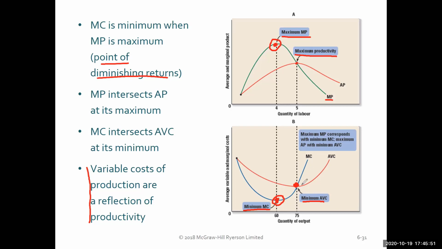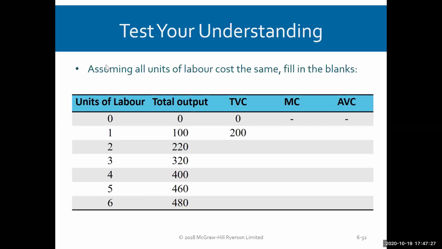But as soon as it cuts through, average starts rising. So it's cutting it at its minimum. And then the thing that we already concluded is variable costs are just simply a flip side or a reflection of the productivity curves. But keep in mind, it's variable costs that are the flip side. We're going to start looking at total costs and fixed costs later.